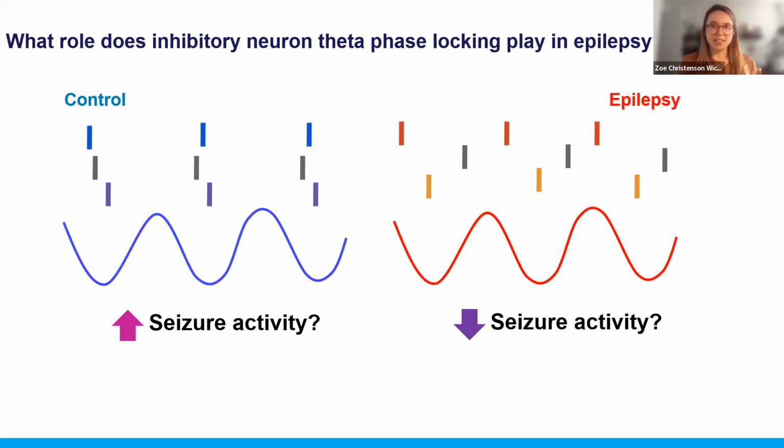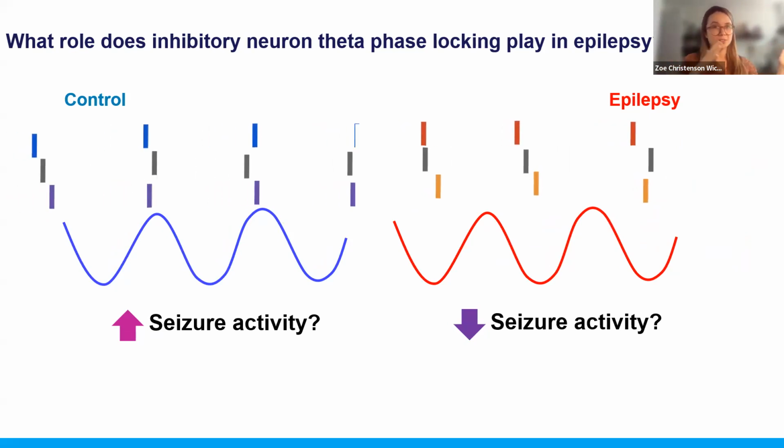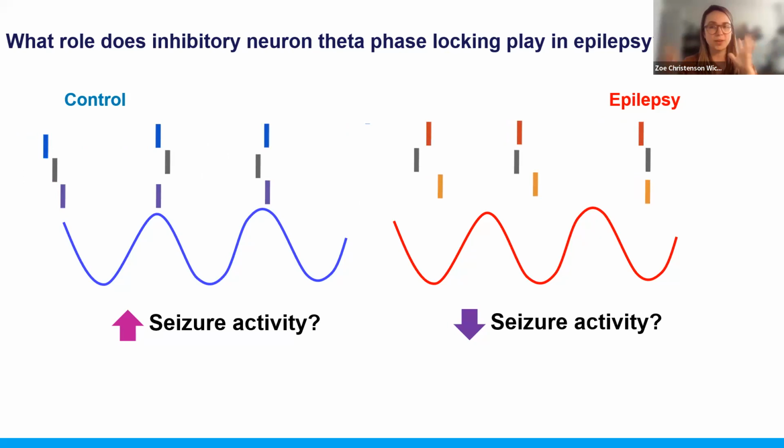What I need to do is create a tool that would allow me to alter inhibitory neuron spike timing relative to this theta oscillation in real time and measure the impact on seizure activity. So in control mice, what we wanted was to try and shift the inhibition so that it was now occurring at a wrong phase of theta, like the peak.